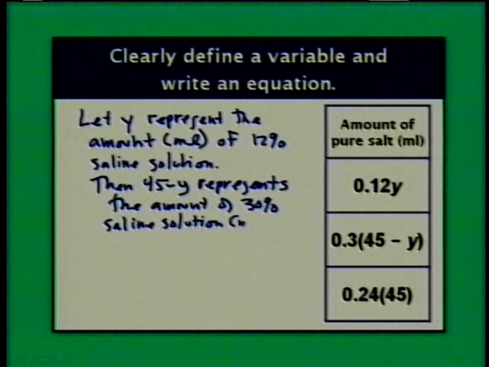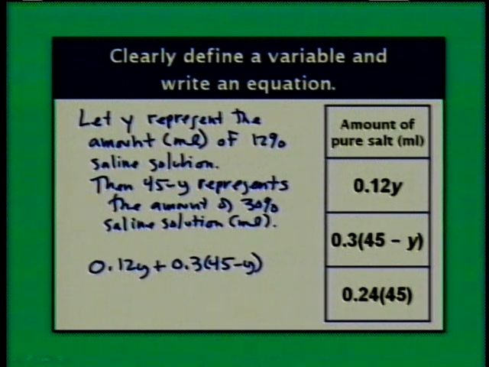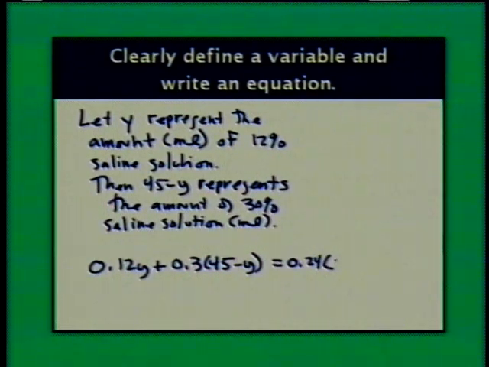And this is also in milliliters. Now, just like with the alcohol solutions, we know that the amount of pure salt in the 12% solution plus the amount of pure salt in the 30% solution should equal the amount of pure salt in the 24% solution. So now we have an equation that we can solve.